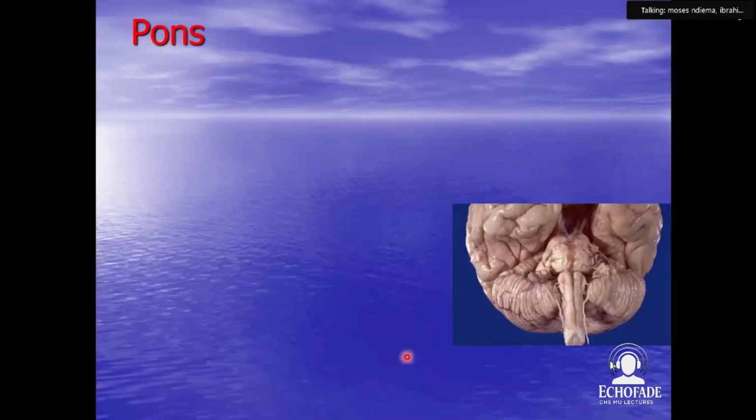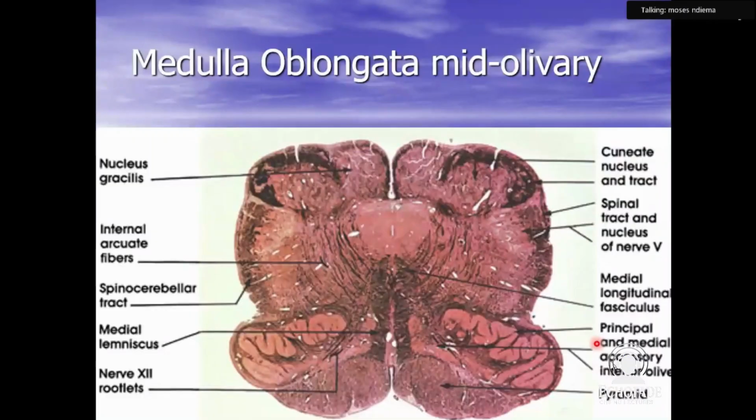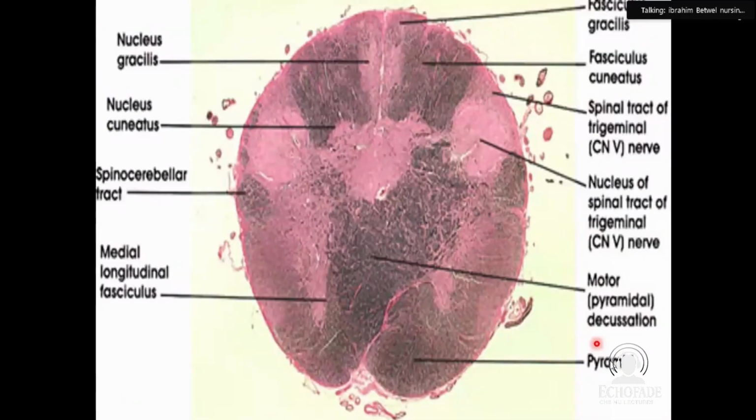Again, in the case of the medulla oblongata, we talked about motor decussation, where the corticospinal fibers cross over from the pyramid, some from right to left, some from left to right.